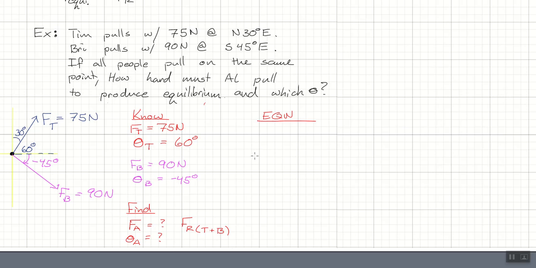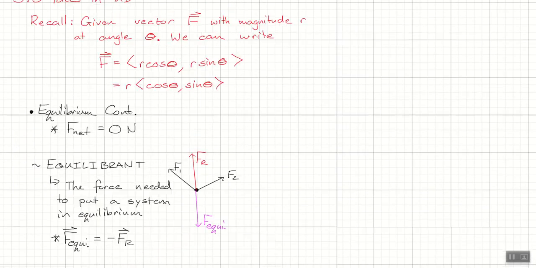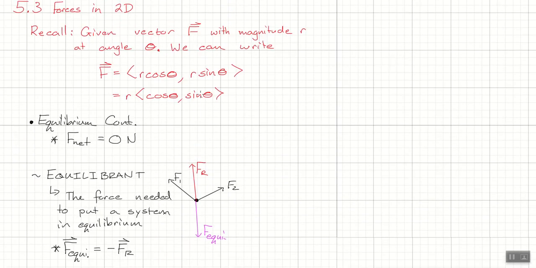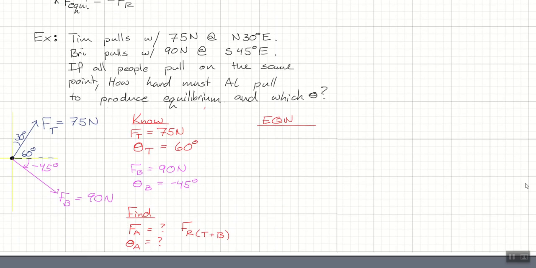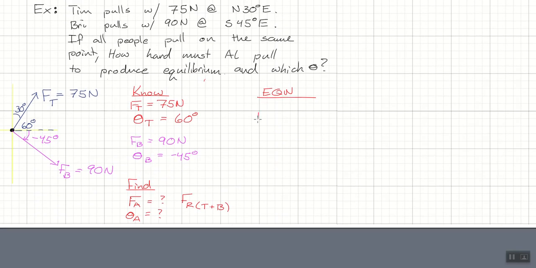Cool. I'm going to do Tim's. I want you guys to do Bree's. If you need to wait a second because you're not quite sure, all I'm going to do is use exactly this, where r was the magnitude of the vector. So I'll do Tim's, and I will grab my calculator. Double, triple, quadruple check: your calculator needs to be in which mode? Degrees. Cool.